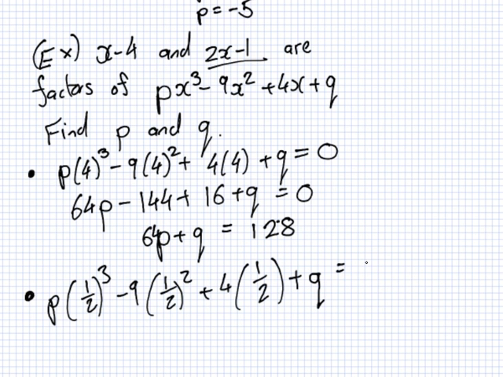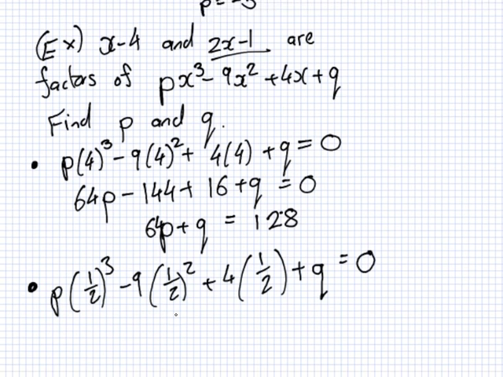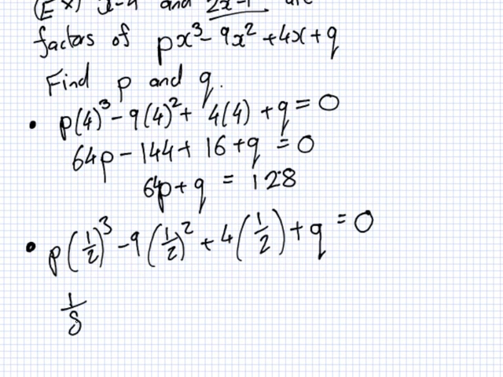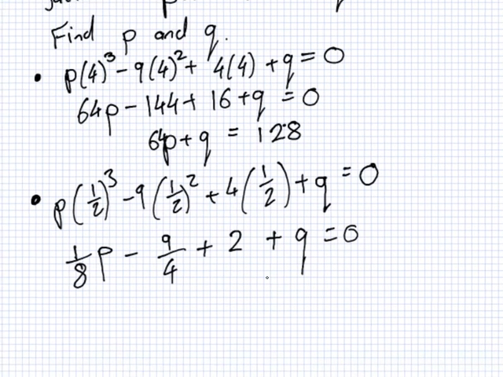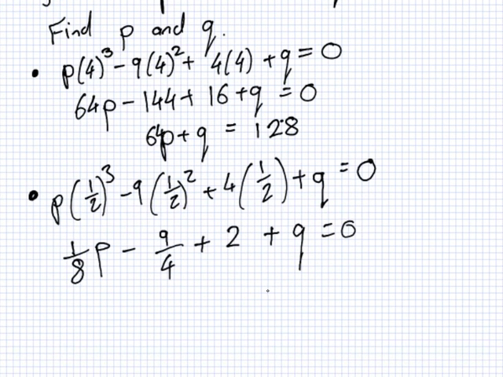That should equal 0. Right, so this will be 1 over 8 p minus 9 over 4 plus 2 plus q equals 0. I think I'll multiply everything by 8 so I can get rid of this. So 8 times that is gone.